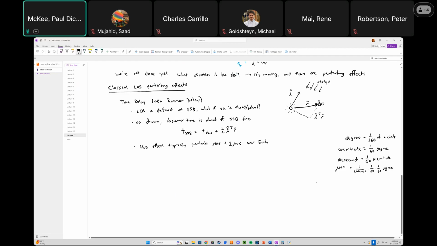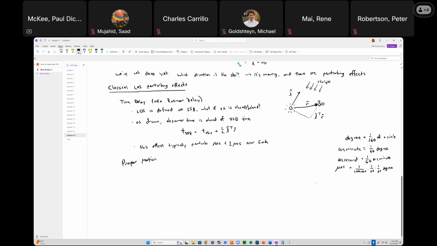The next we definitely can't ignore, which is proper motion. So the stars have all moved since the catalog was defined. Some more than others.